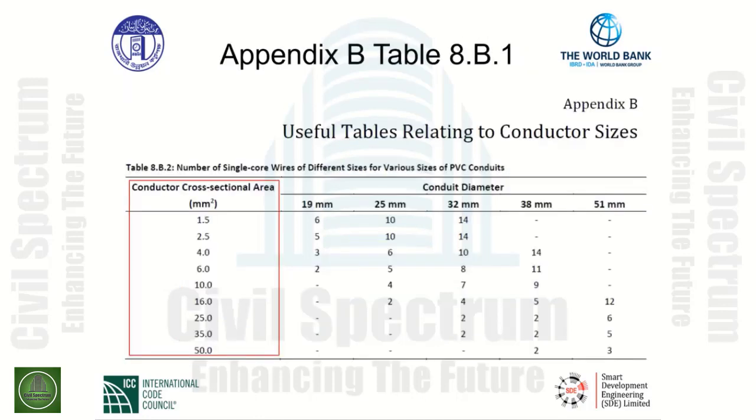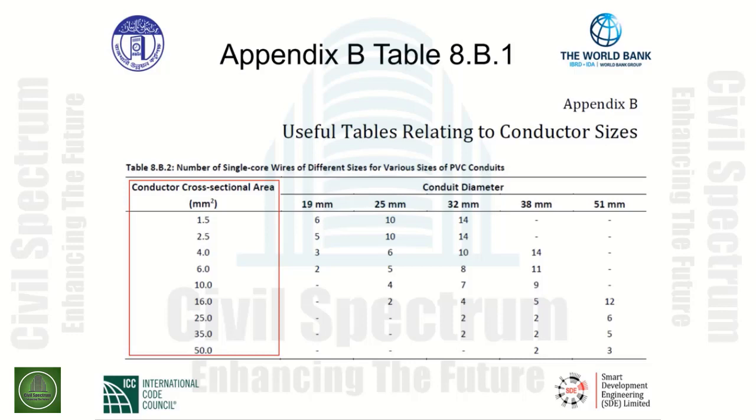A note to the code user, Appendix B, Table 8.B.1 gives us some useful information regarding common wire sizes. This particular table we can utilize to understand the conductor cross-sectional area for common wire sizes. As seen in the table, we have a 1.5 millimeters squared all the way to a 50 millimeters squared wire accordingly.